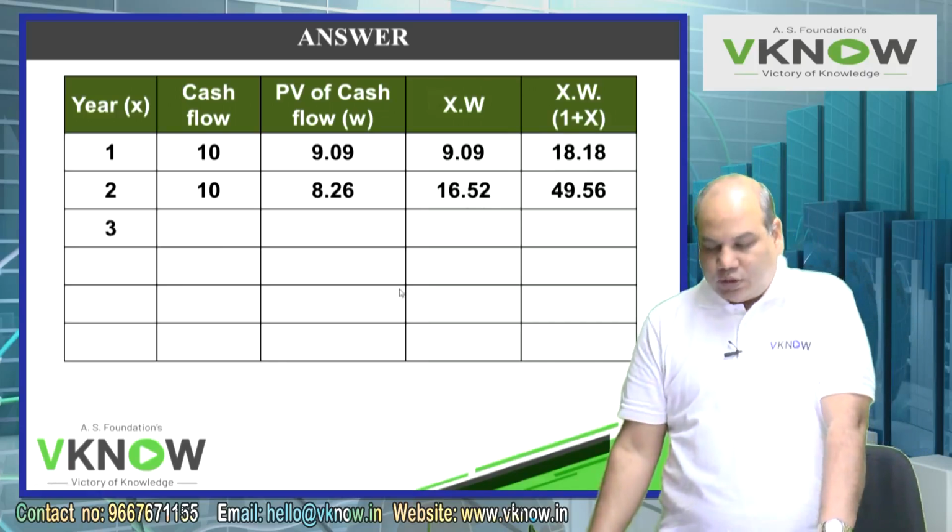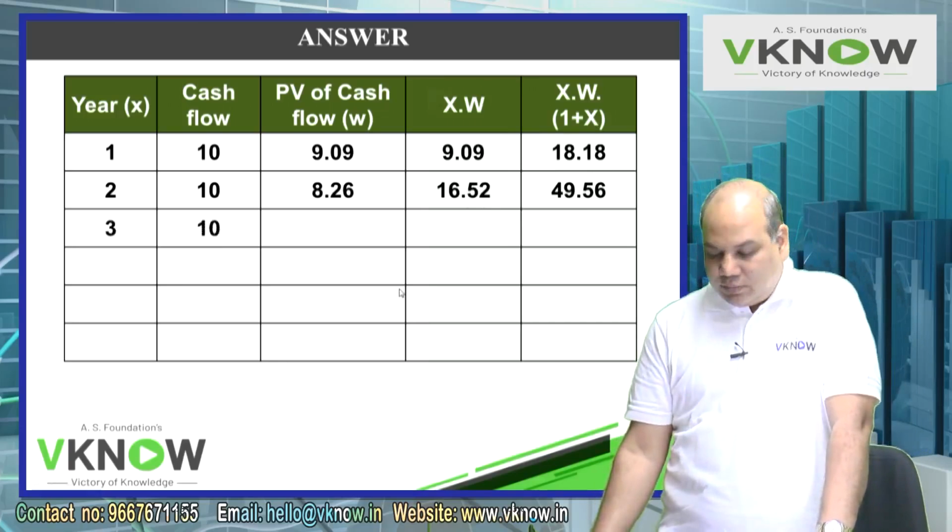Please come to year 3, coupon 10, 10 divided by 1.10 three times equals 7.51.